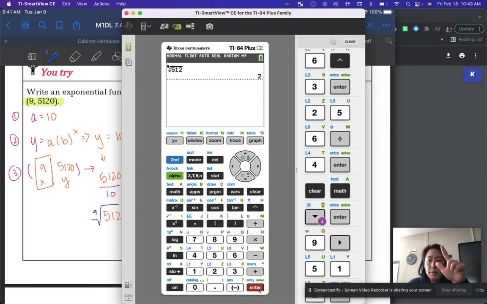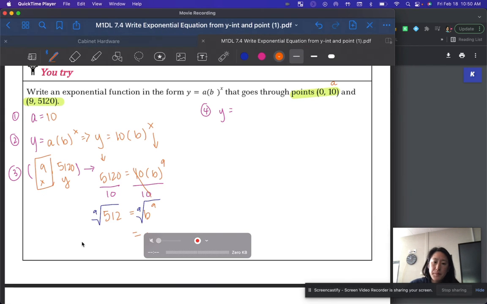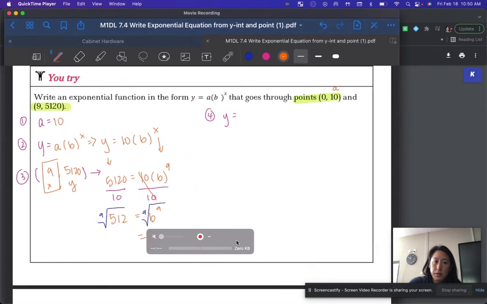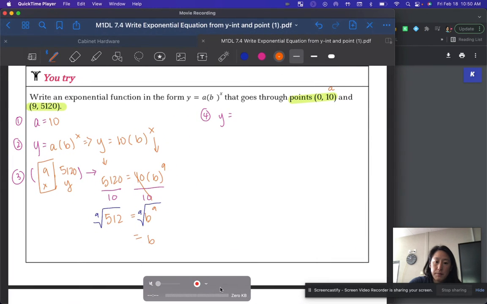So 2 times 2 times 2 times 2 times 2 times 2 times 2 times 2 times 2. So 9 2's multiplied together gives me a product of 512. So b is equal to, many controls here. Okay.